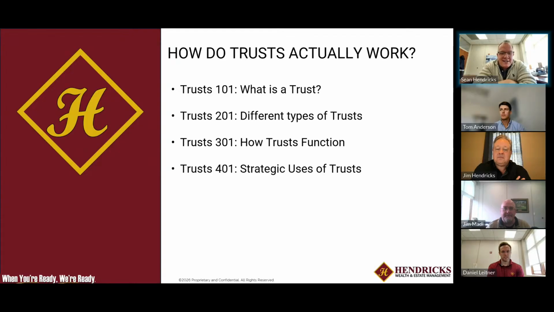Then in the more advanced levels, we're going to talk in Trusts 301 about how trusts function. And then finally, at the advanced level class, Trusts 401 are strategic uses of trusts. So we're going to cover all that stuff today just during lunch. So hopefully by the end of lunch, you guys will feel like you've completed at least a year of law school.